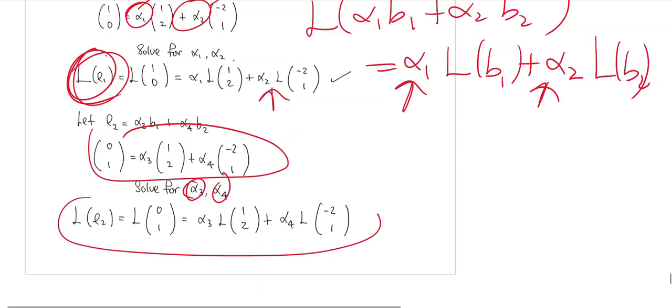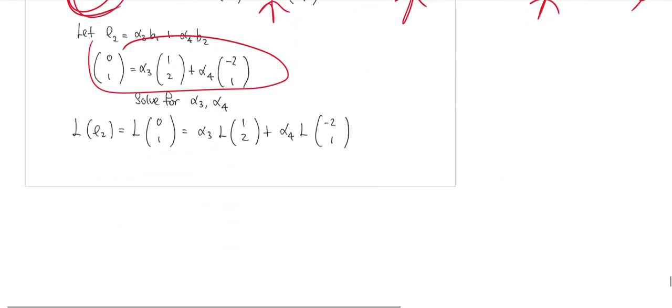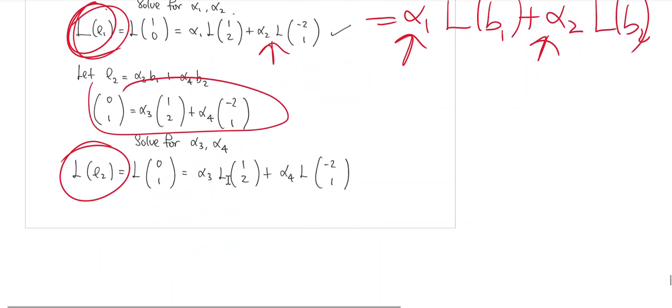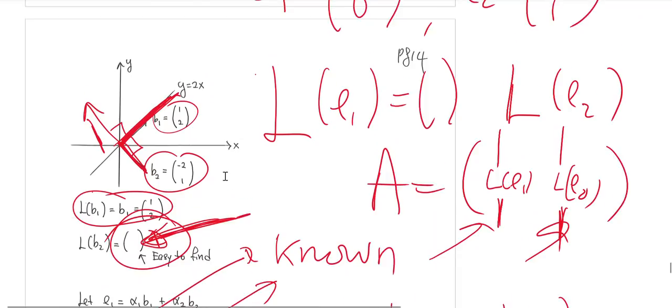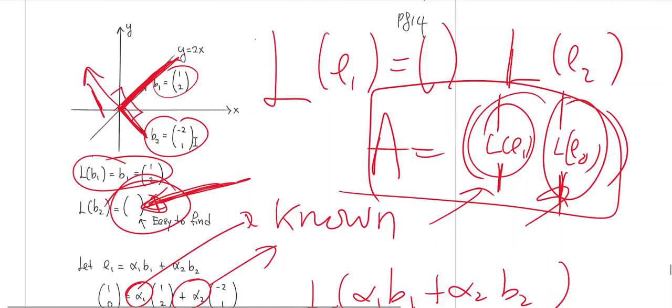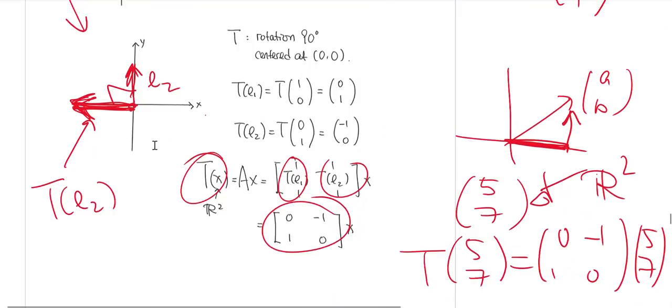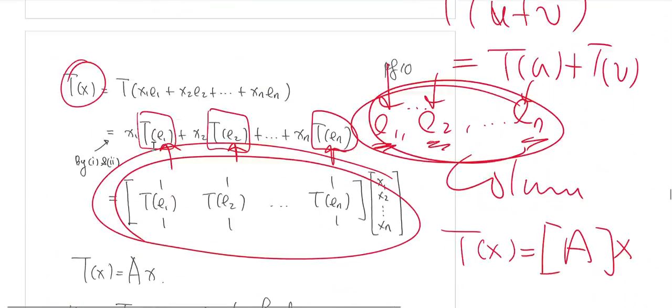So again, apply the linear property on L. With alpha 3 and alpha 4 known values, and LB1 and LB2 also known numbers, then you can figure out what this value is. And in order to answer that question, you just have to put it as the columns of your matrix A, then we are done.